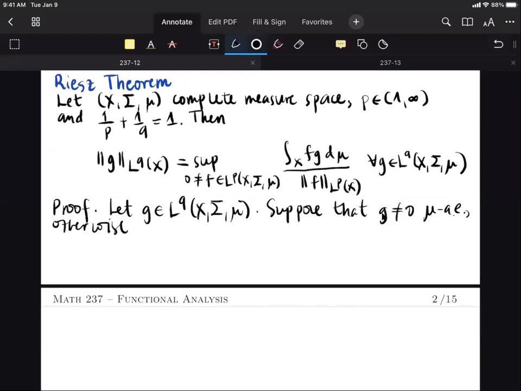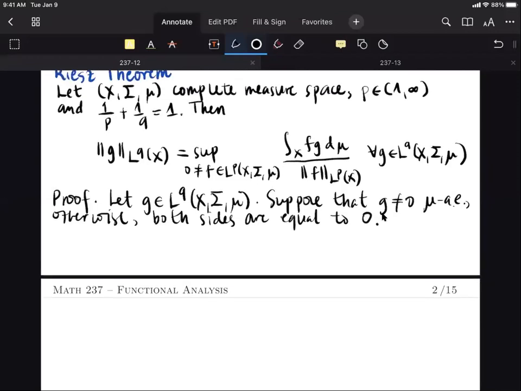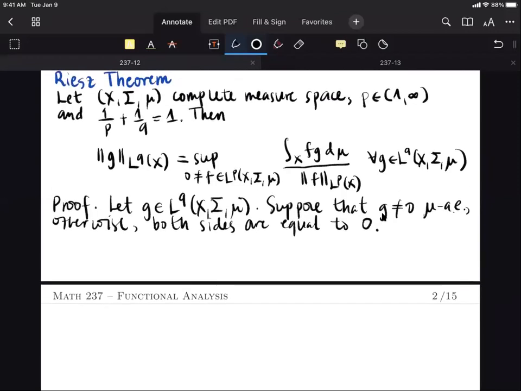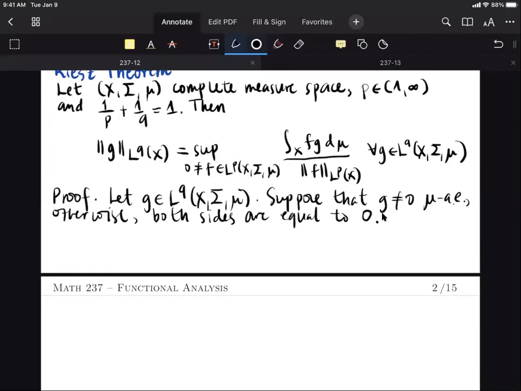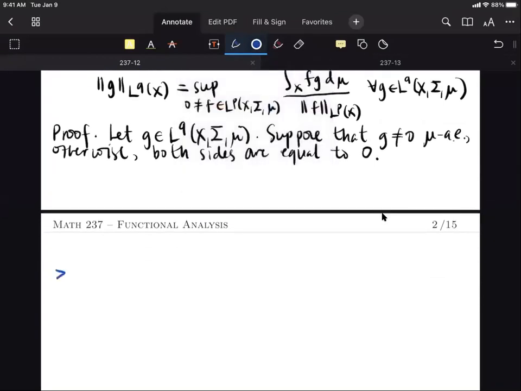Therefore, the right-hand side will also be 0. So both sides are equal to 0, and there's nothing to prove. Hence, it suffices to assume that G is not 0 almost everywhere. And to prove this equality, we show two inequalities.